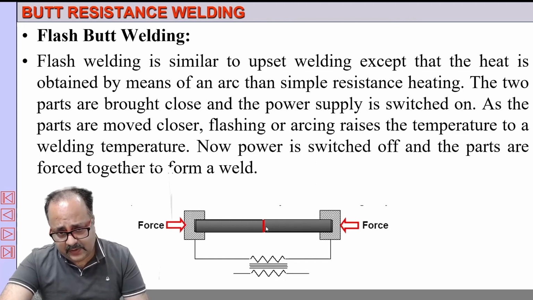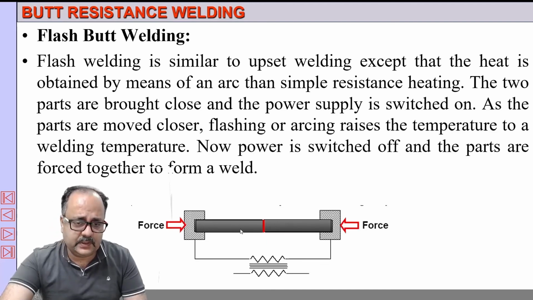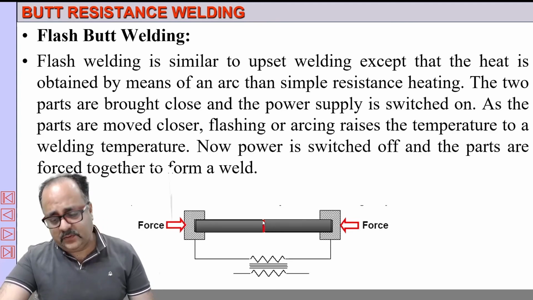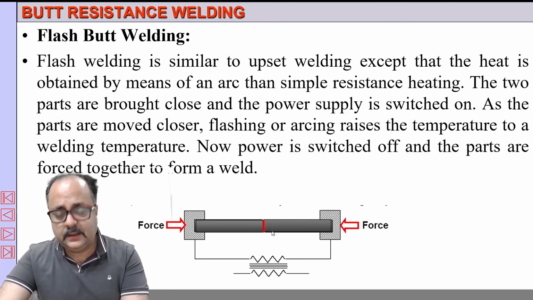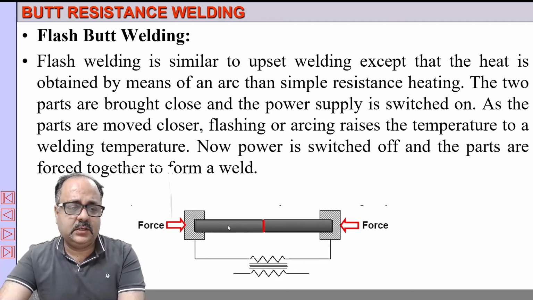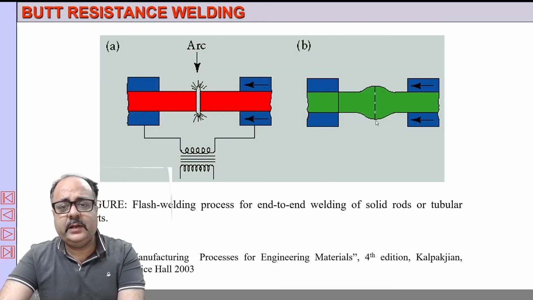We switch on the current when the movable workpiece is a certain distance from the fixed workpiece, and because of this distance, arcing takes place and the temperature increases. Finally it is pressed onto the fixed workpiece, and the welding is completed. In flash butt welding, some bulging may occur under the pressure, which can be turned off.